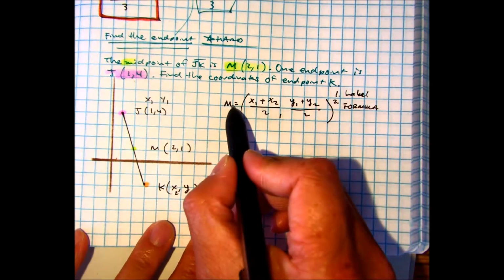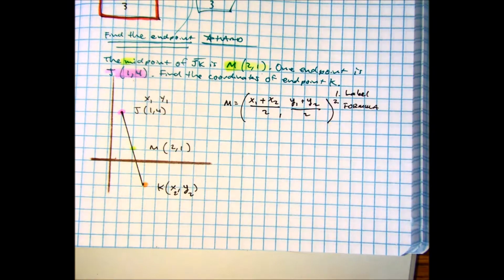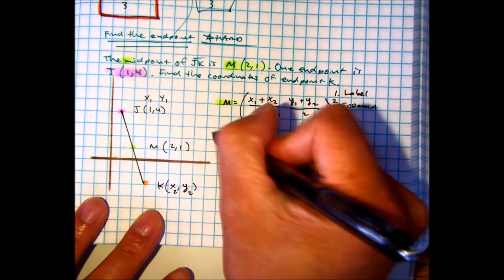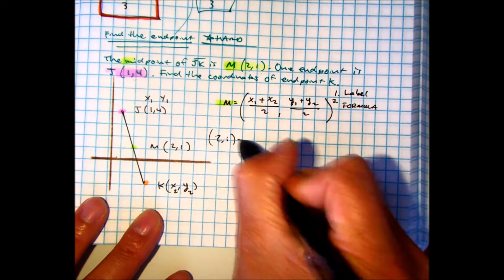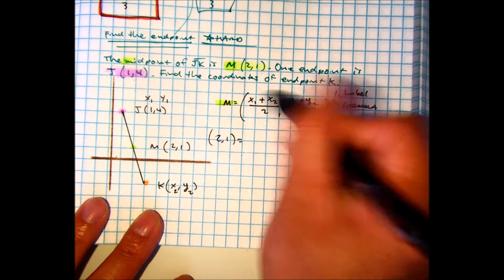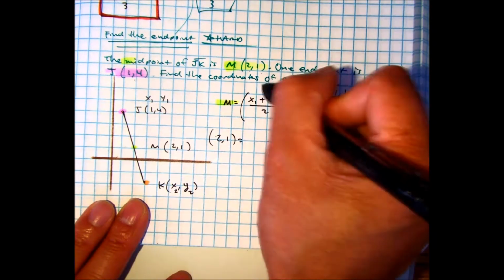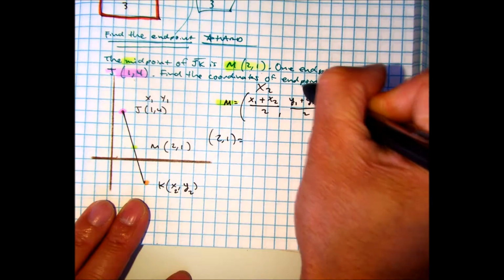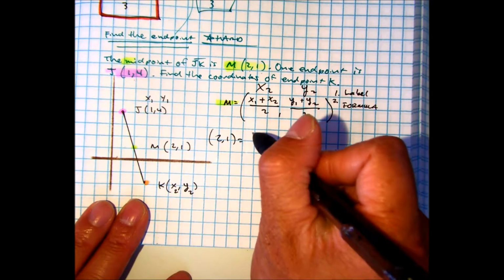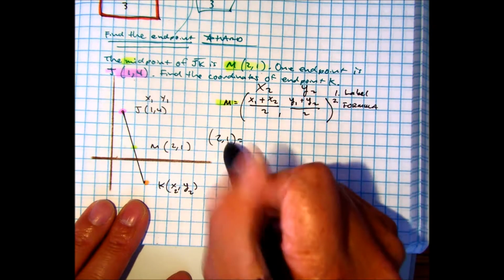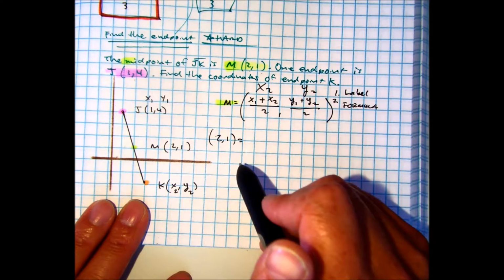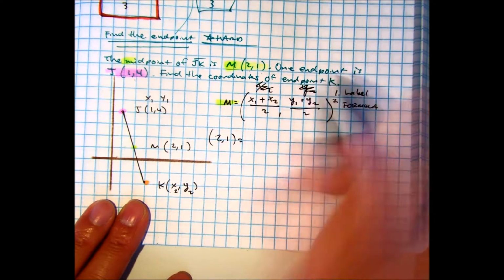Well, my midpoint is (2, 1). And if you think about it, all of this is the x2 value, and all of this is the y2 value. No, that's not right. Try that again. Cross that out.